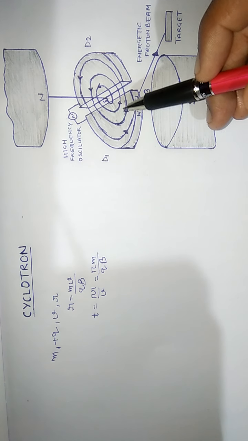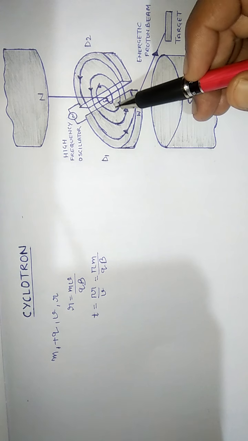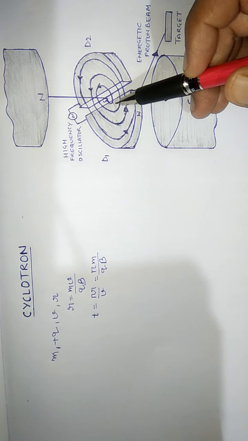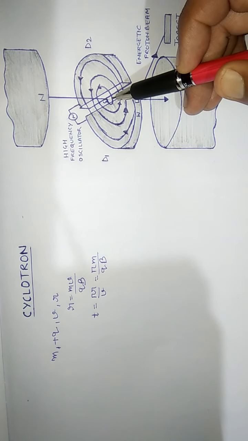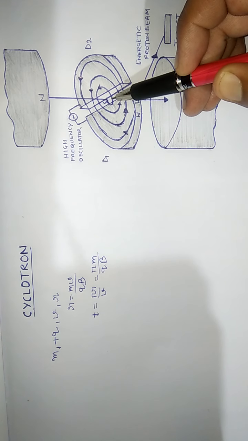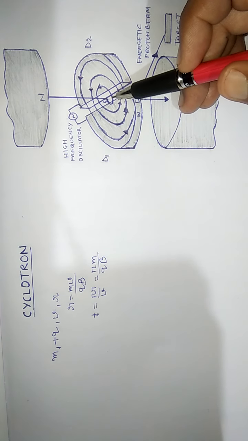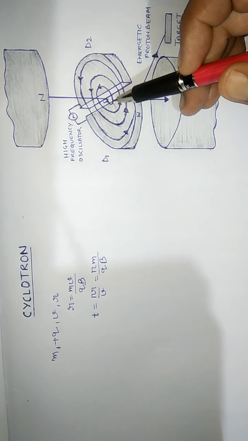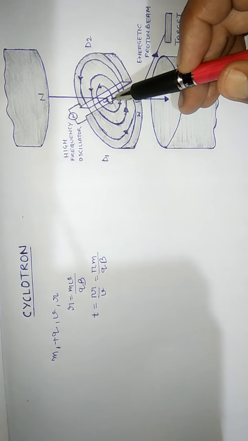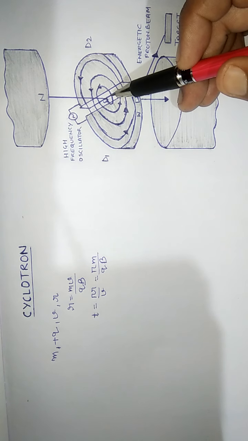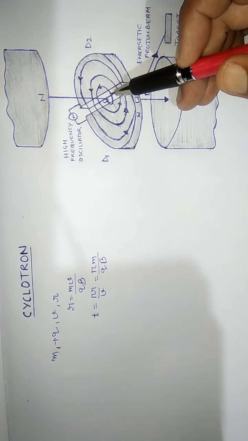Then the ion will emerge from D1 into the gap at the instant when D2 is at negative potential. The ion is therefore further accelerated while crossing the gap between D1 and D2.